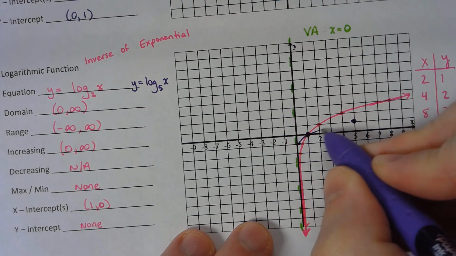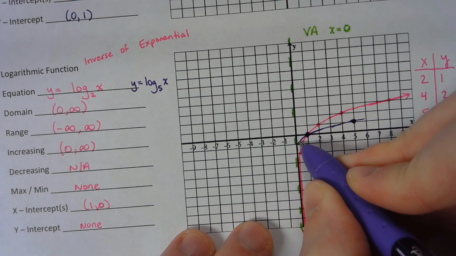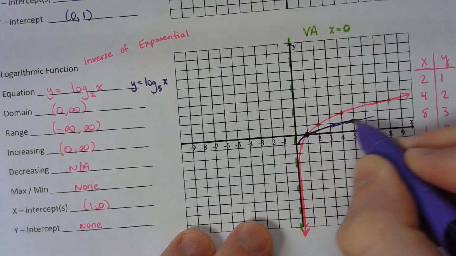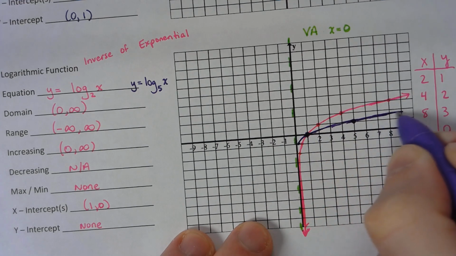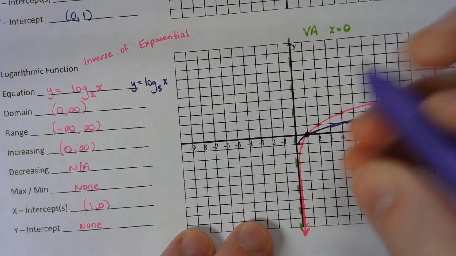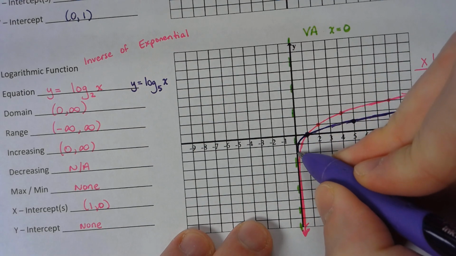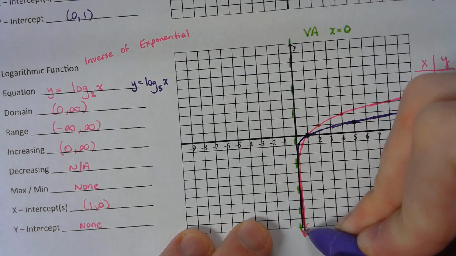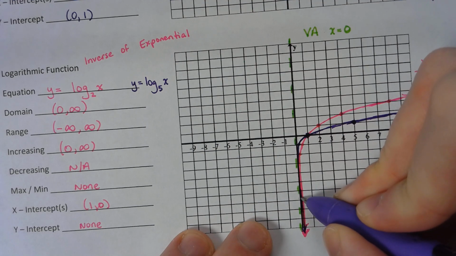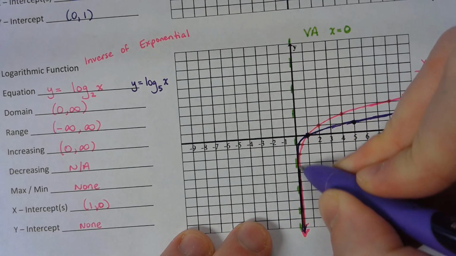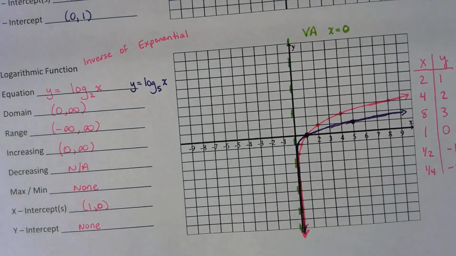So it has a really similar looking curve to it, in the sense that it wants to do kind of the same thing. It looks kind of like a square root on the positive part. Then it wants to get real close to the y-axis, but never quite touch it on this part of the graph. Right?